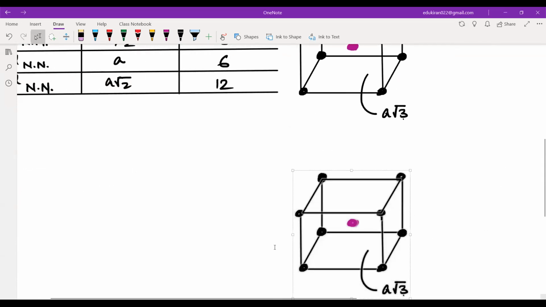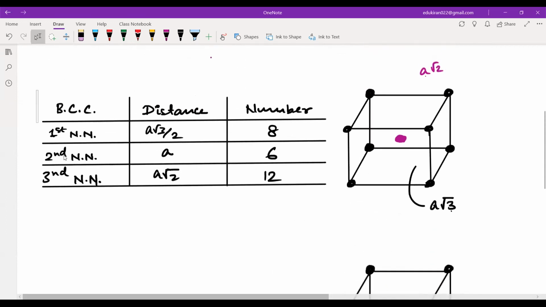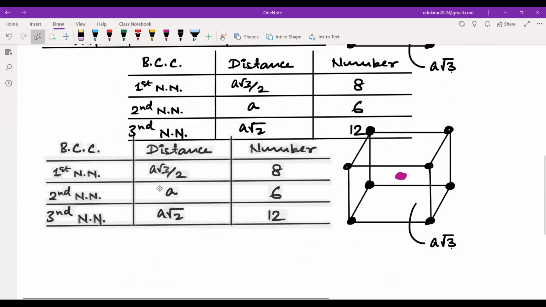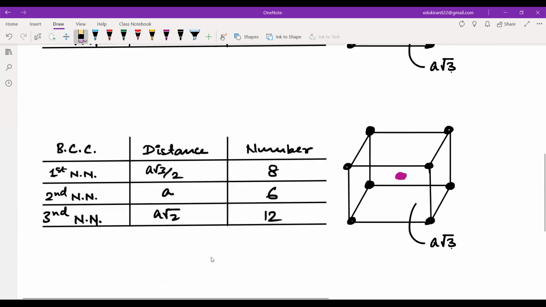Okay. So now we have the last item, that is the face-centered cubic. Okay. Face-centered cubic. Move this atom.